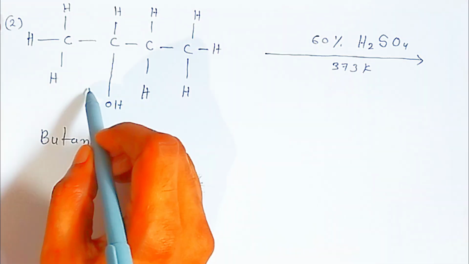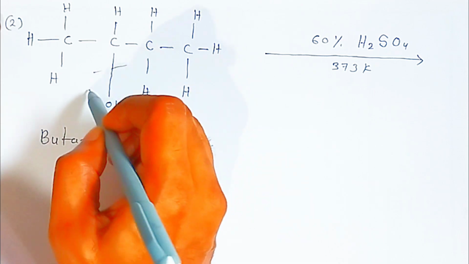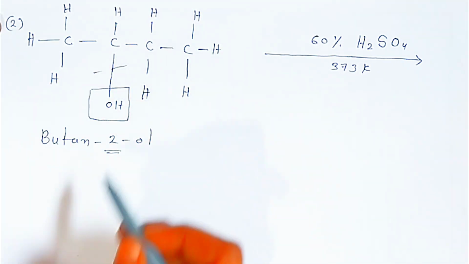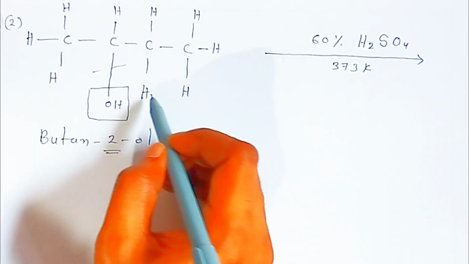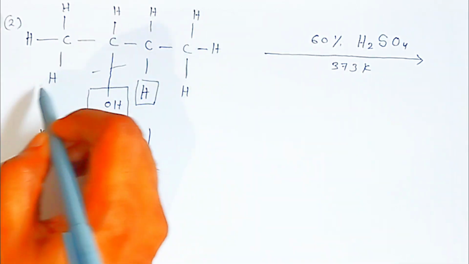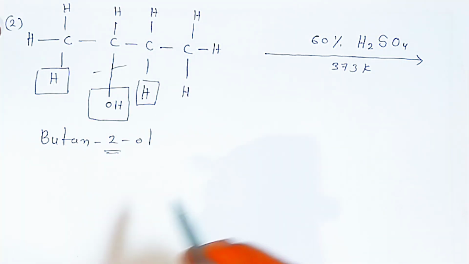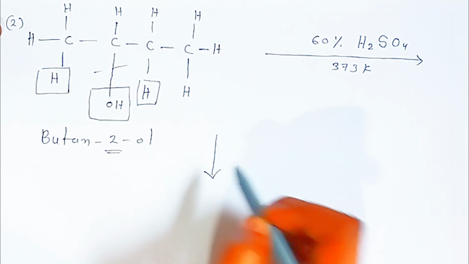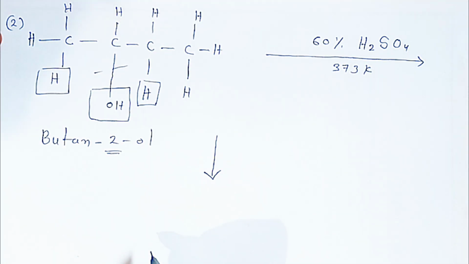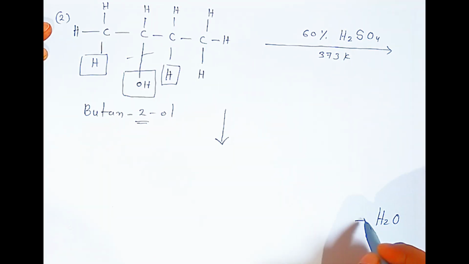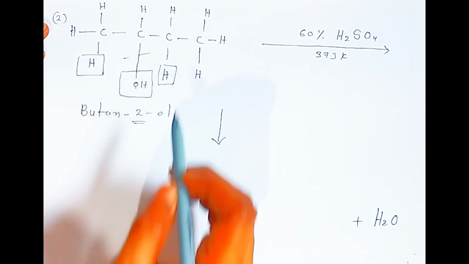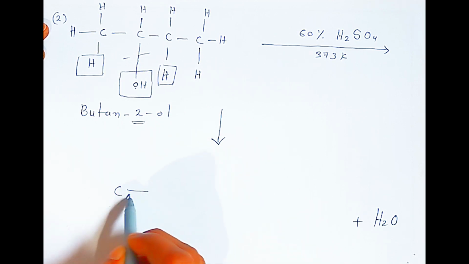Now what happens, students? Now the carbon and oxygen bond will break here. Now OH of this secondary alcohol will combine with hydrogen, whether it will take this hydrogen or this hydrogen. Understanding, students? So it will form 2 products. There will be the formation of 2 types of butene. One will be, if the water molecule is coming from here, if OH combines with this hydrogen, you are getting a carbon double bond.